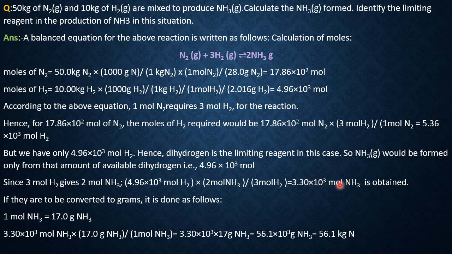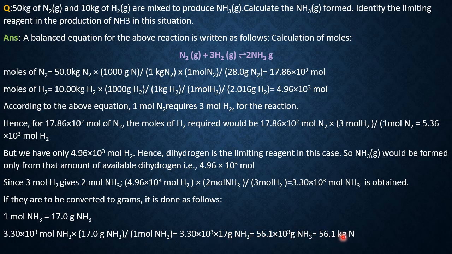That is in terms of mole. If you want to calculate in terms of gram, here is the conversion. 3.30 into 10 to the power 3 mole of ammonia means this much gram of ammonia. Gram to kilogram, we can convert into 56.1 kilogram.